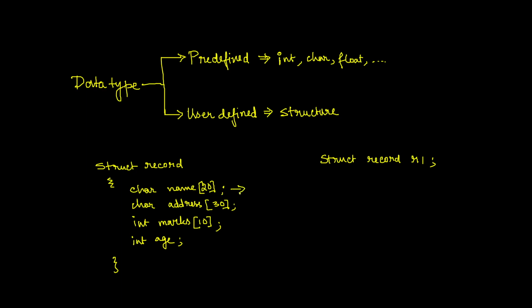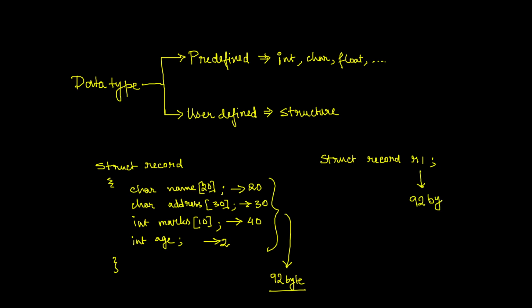This will take 20 into 1, 20 bytes. This will take 30 bytes. This will take 10 into 4, 40 bytes, and this is 2 bytes. Total 20 plus 30, 50, 90, 92 bytes. That means this R1 will occupy 92 bytes of memory location.